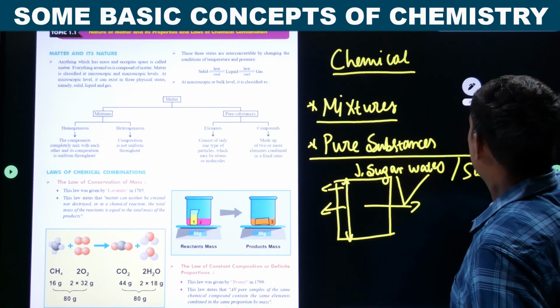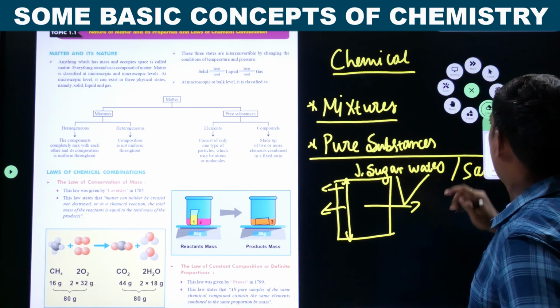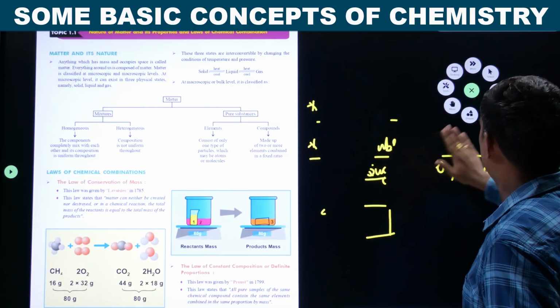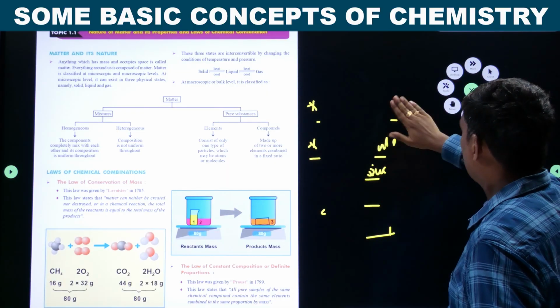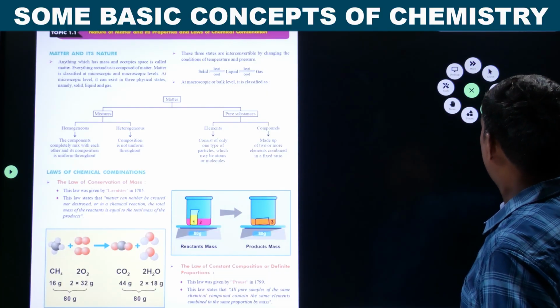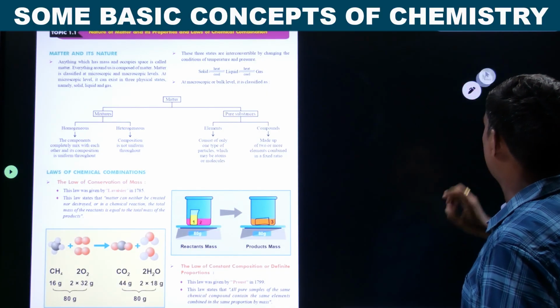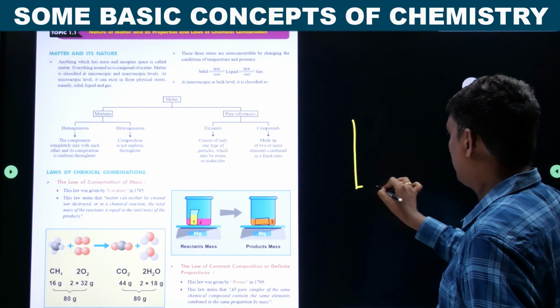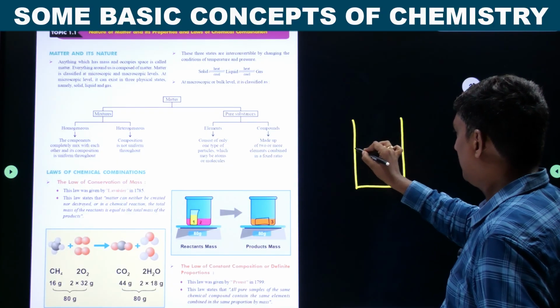Then we come to heterogeneous mixtures. What is the meaning of heterogeneous mixture? You might have heard about it. I will give a simple example. Take a beaker and add water.